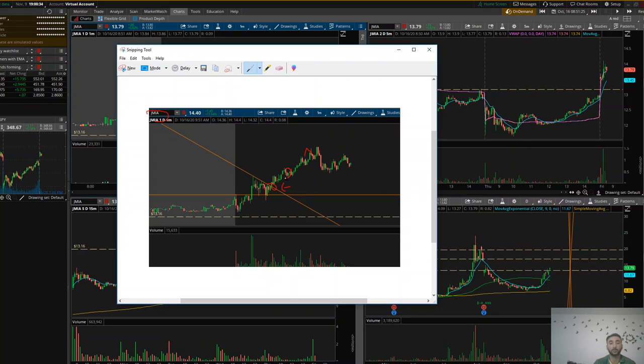And when it's already up here, I don't want to buy, because what if it comes down all the way here and then goes up, and I get stopped out before it even hits support, or I have to hold it way longer, so my risk to reward is just not there anymore. So what I'm trying to say is how to get perfect entries, manage your risk, and maximize your profits.